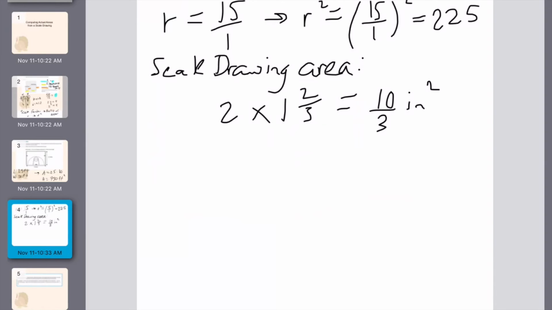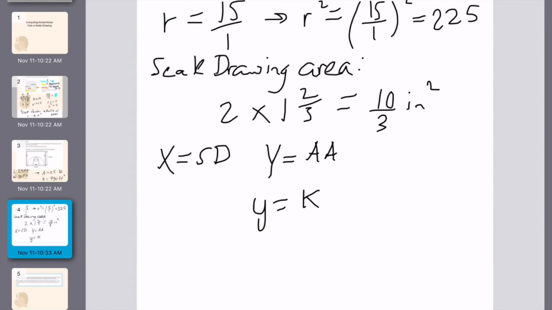So now here's what I need to do. I need to take this idea of an equation and I need to use it in order to help me find my new area. So let's say that x is the scale drawing and y is the actual area, or AA. I'm going to take my idea of writing equations from proportional relationships, scaled relationships. Remember that y equals my rate or ratio, constant of proportionality, times x.